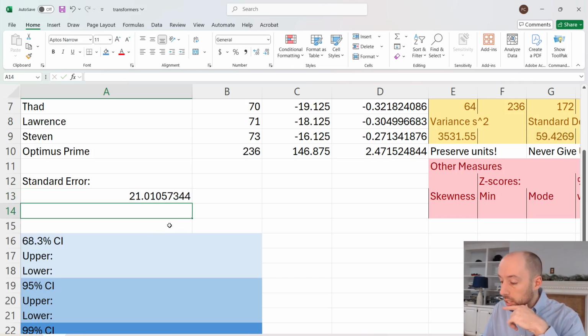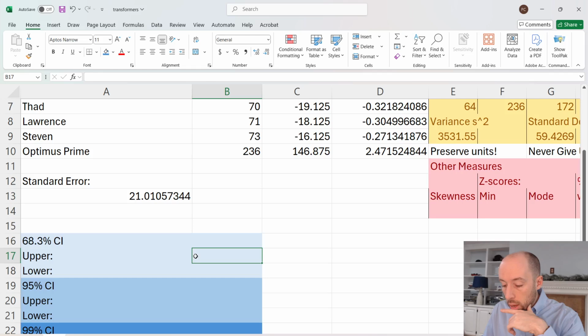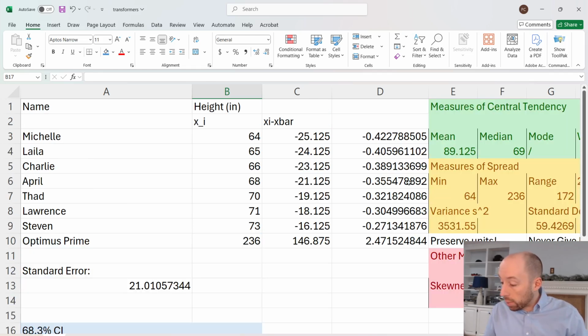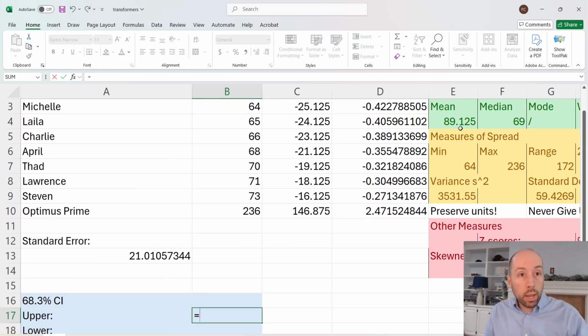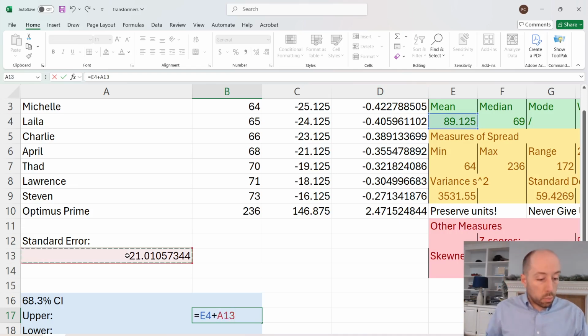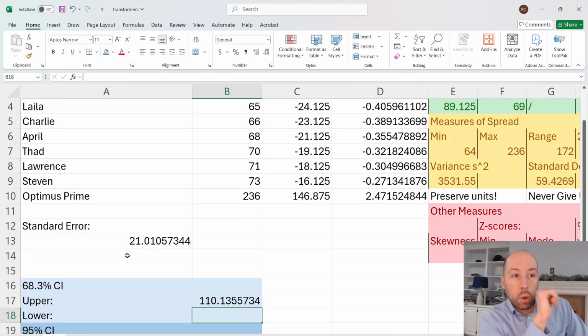I move to the next step of the process and I say my upper bound should be simply the sample average, which is 89.125. So I'll say equals 89.125 plus 1 standard error. That would be this number. Okay, 110. Let's try the lower bound and then we'll make this the formal statement.